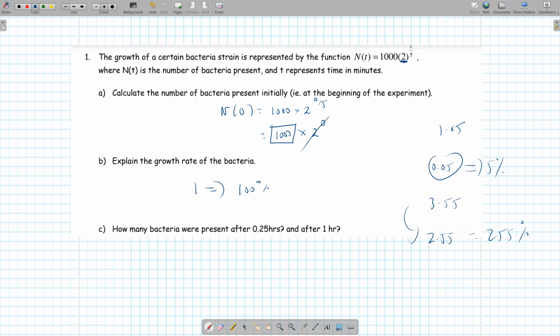Okay? Now, what does growth rate of 100% mean? 100% growth rate means it doubles. So it's doubling every whatever minutes here. Look at this, 3, what's the growth rate?